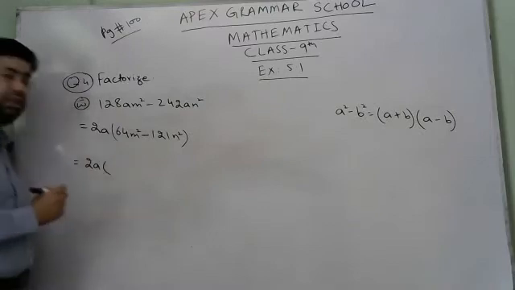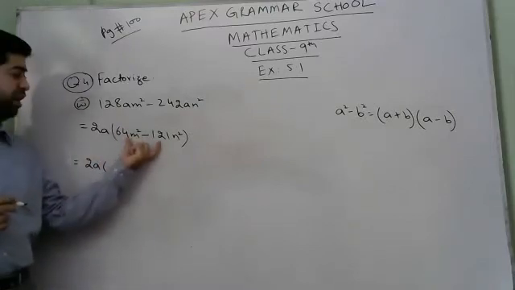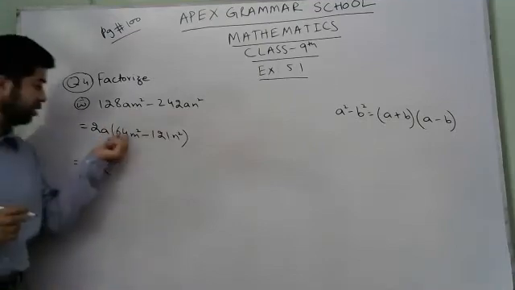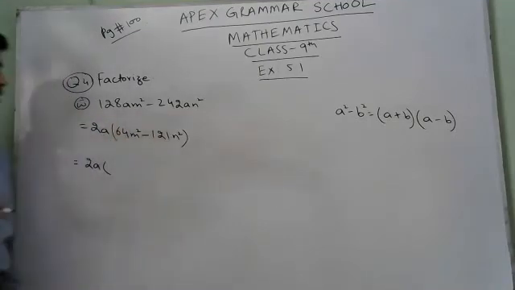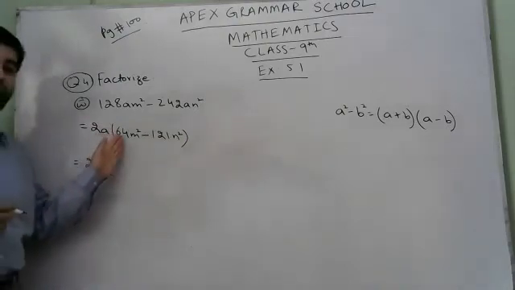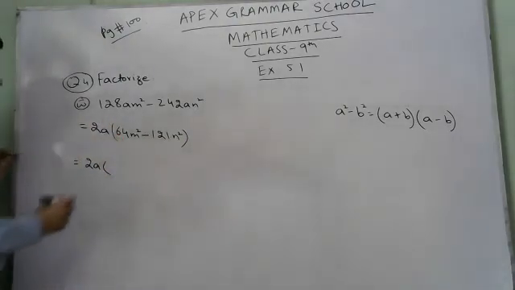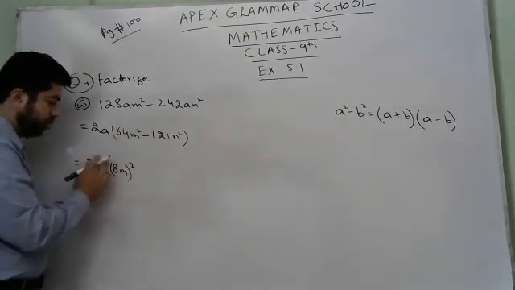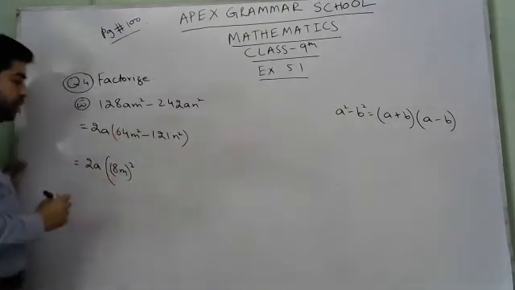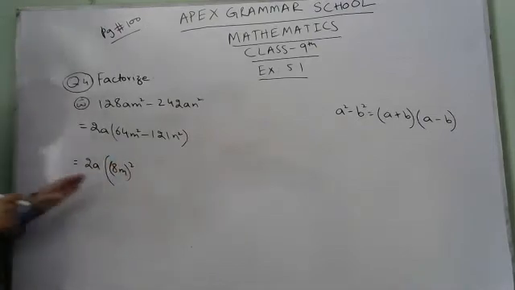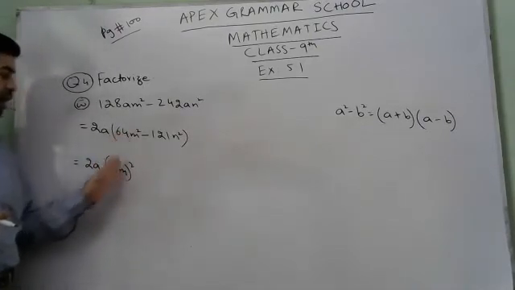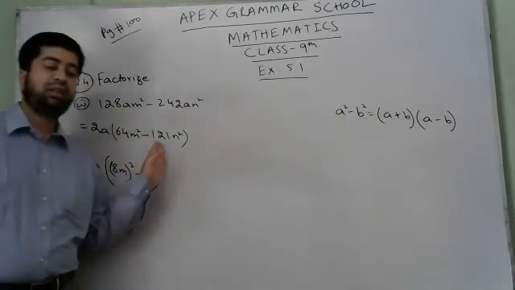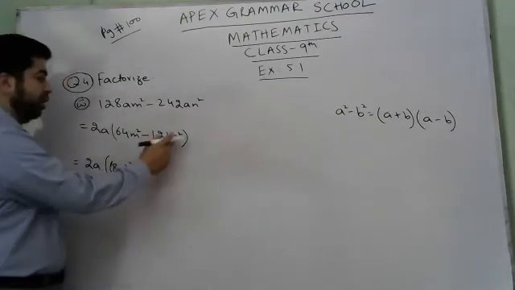After that, you can see that between these two expressions there is a negative sign, so we have to verify whether this is a square and this is also a square. You can say 64 is the square of 8, so we can write it as 8 m square, because 8 square is 64, and n square after that negative sign and 121. This is 11 square, 11 n square.